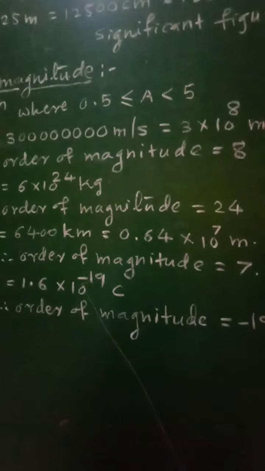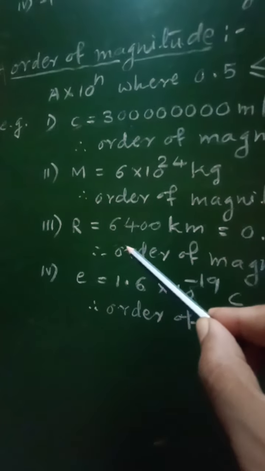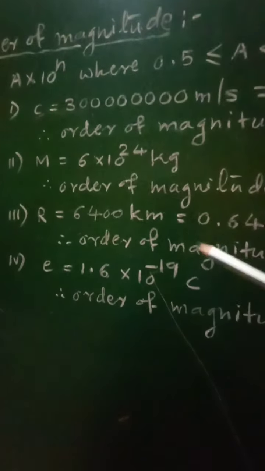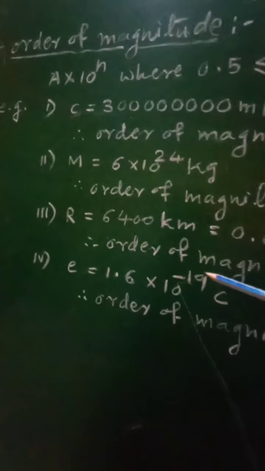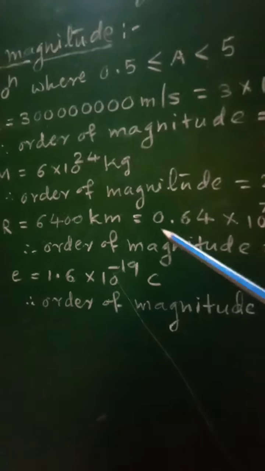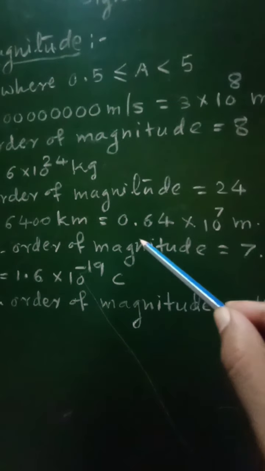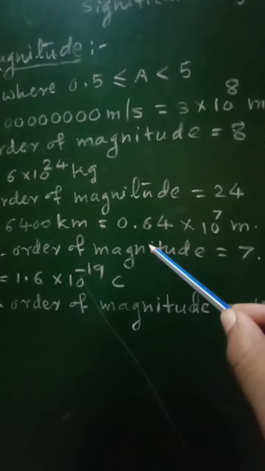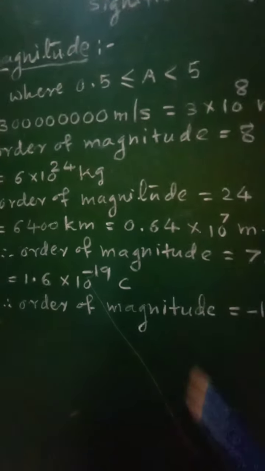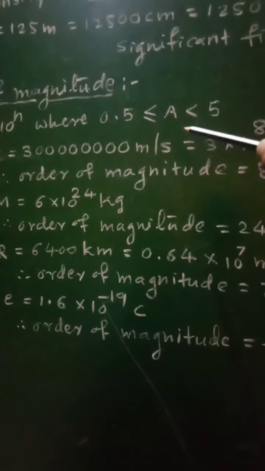For the mass of the earth, order of magnitude is equal to 24. Similarly, if you consider the radius of the earth, it is 6,400 kilometer, but as it is expressed in terms of kilometer, to find its order of magnitude we will have to express it in terms of SI unit, that is meter, and therefore it is written in the proper form, that is 0.64 into 10 raised to 7, because this first digit must validate this condition.